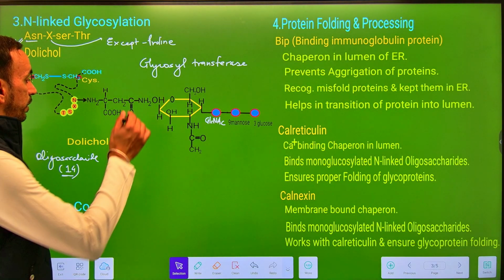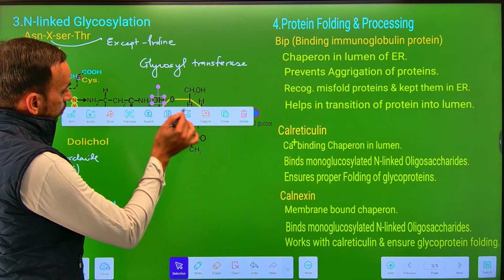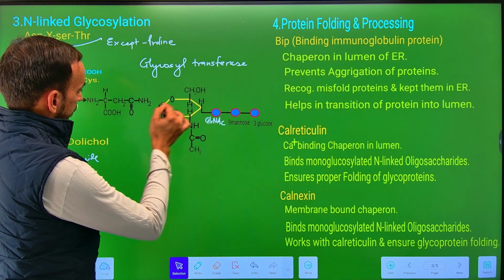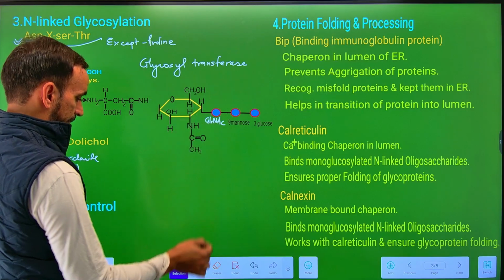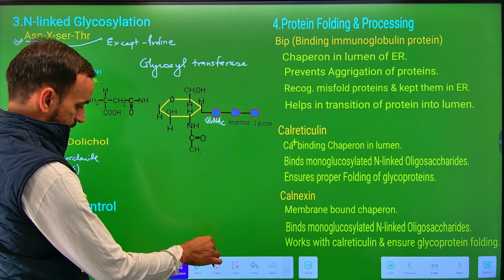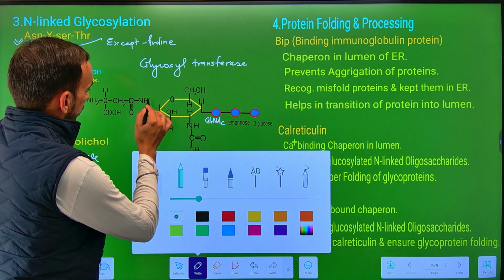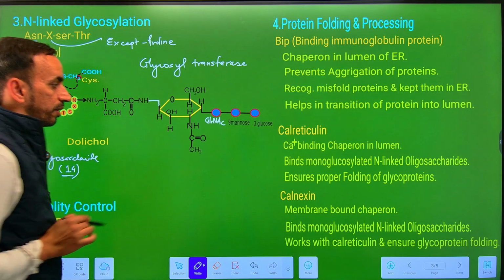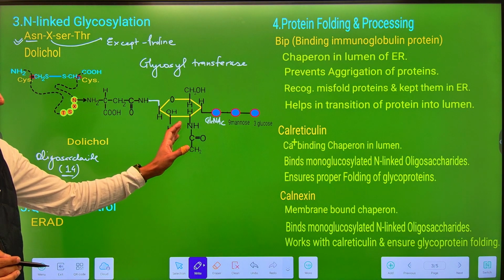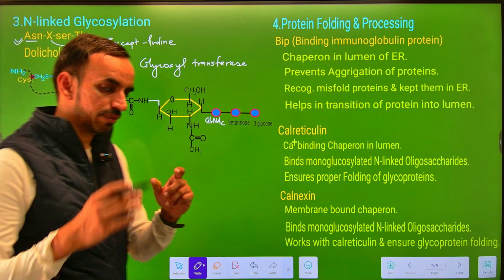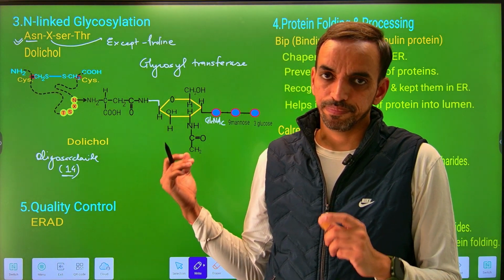There is an intramolecular condensation reaction which removes water, and then there is a formation of a bond between the sugar, that is N-acetyl glucosamine, and the asparagine amino acid which is present on the polypeptide.